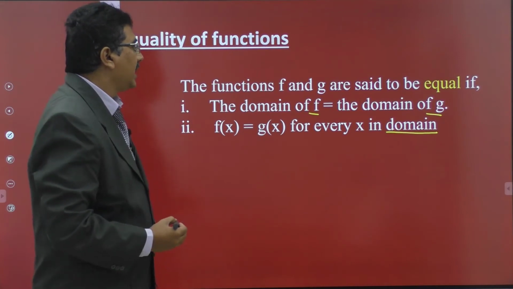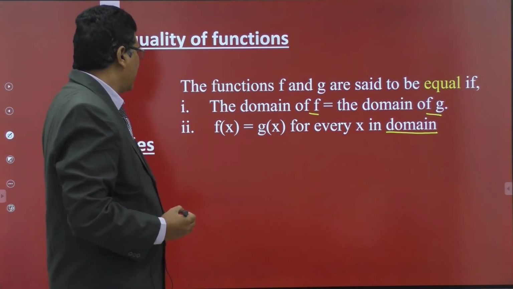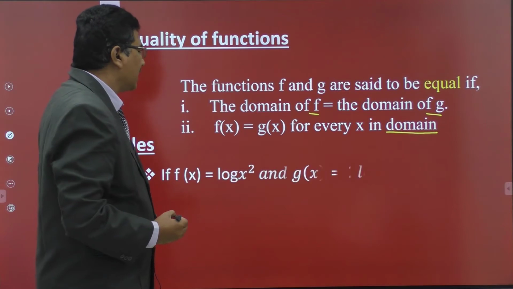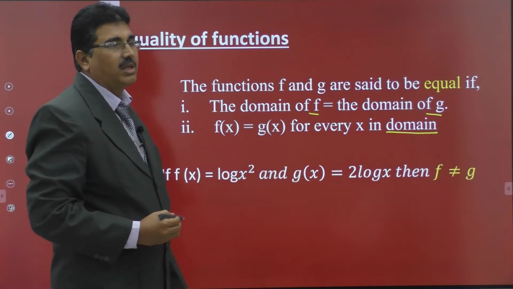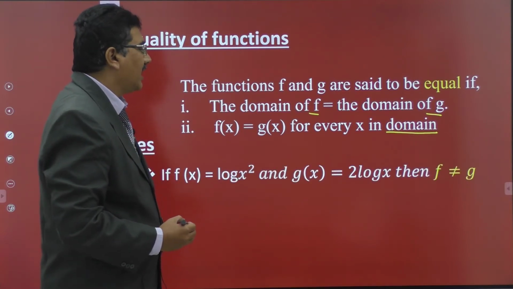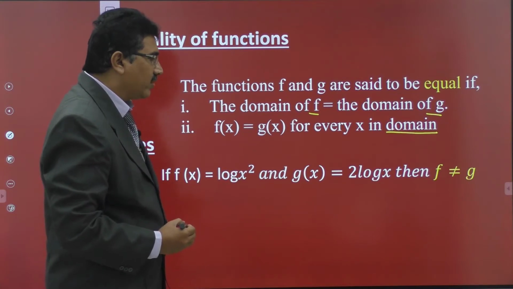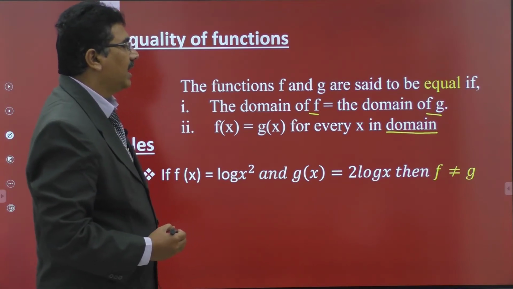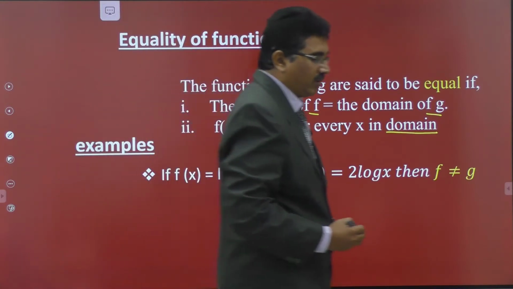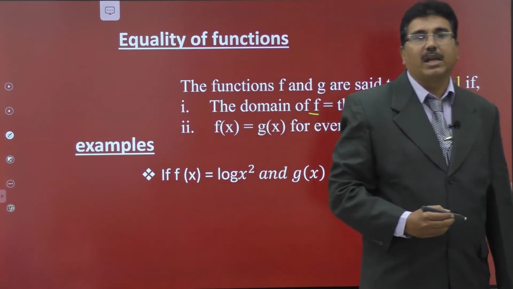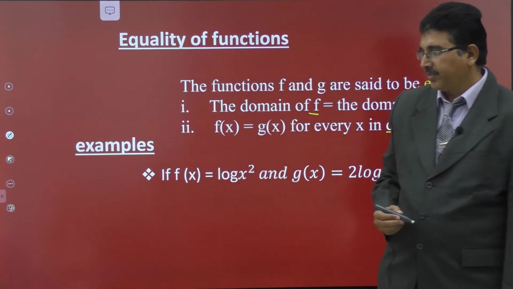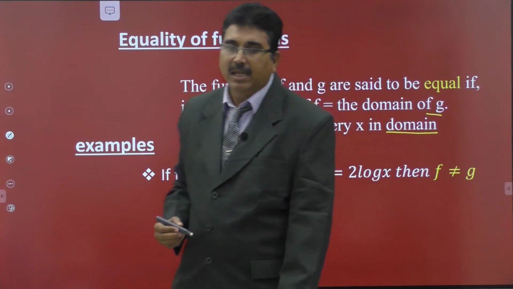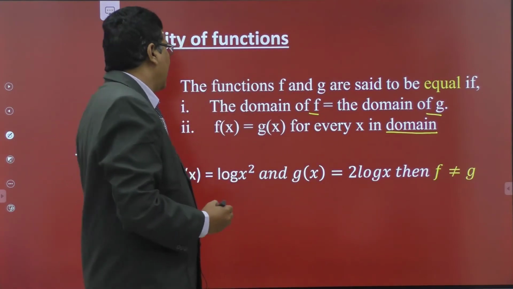Now see two examples. First one: if f of x equals log x square and g of x equals 2 log x, then f is not equal to g. Why? See the first condition, the domain.